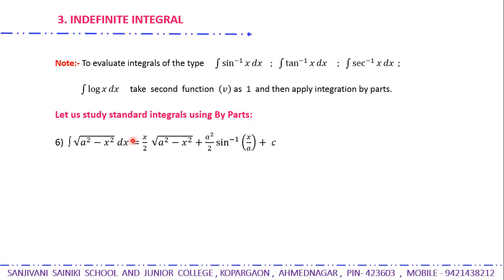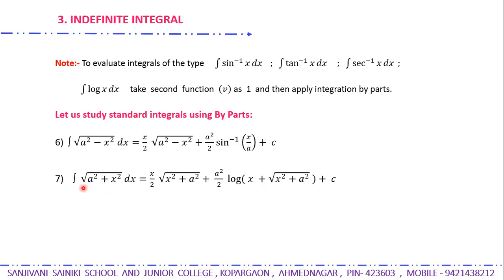The first one is integration of root a square minus x square dx, which is given by x upon 2 root a square minus x square plus a square upon 2 sine inverse of x by a plus c.